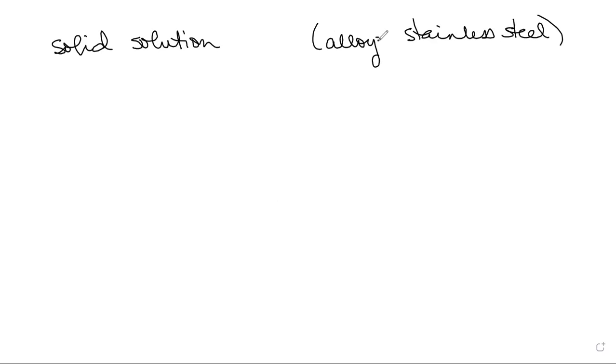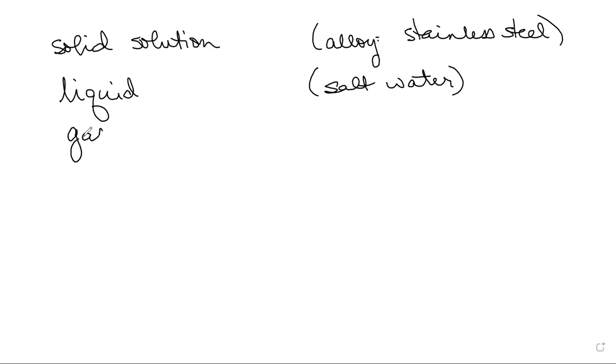Okay. You could also have solutions that are in the liquid state. That would be like an aqueous solution, like salt water. And you can have solutions that are in the gas state. An example of that would be like air. Okay.